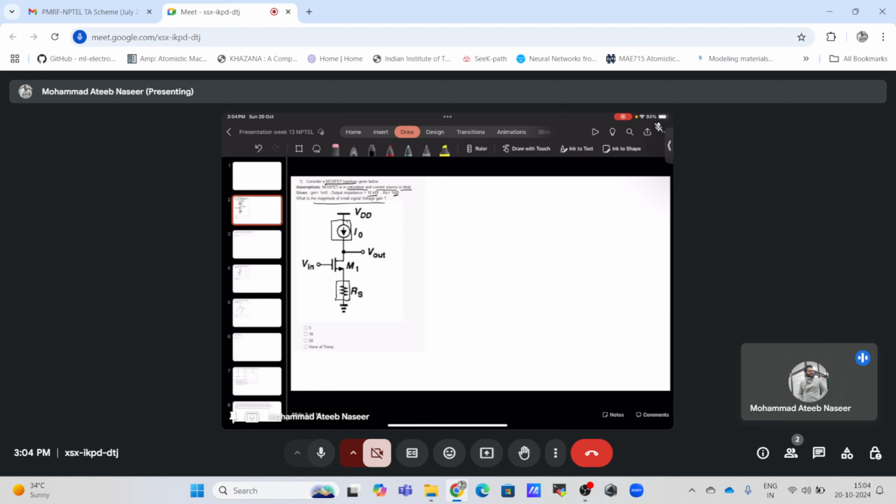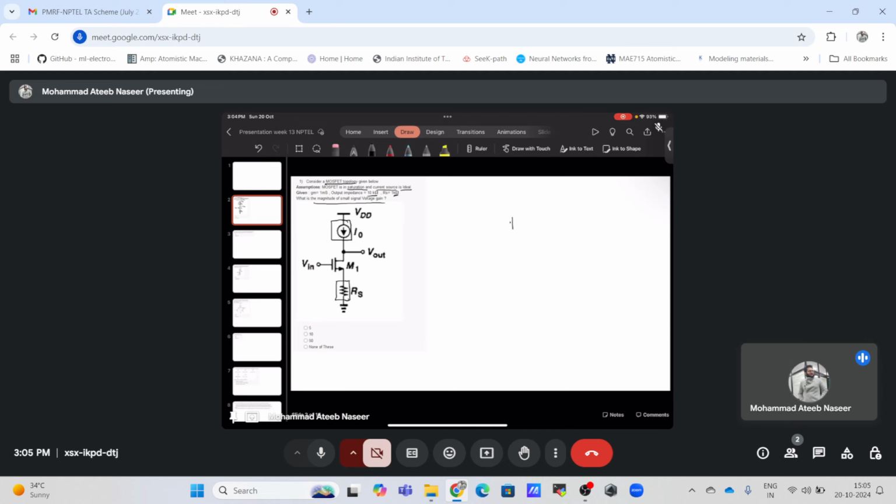If we look into the problem at hand, we have to first see how a current source behaves when we go for this small signal analysis. The current source is open, so it acts as an open circuit.